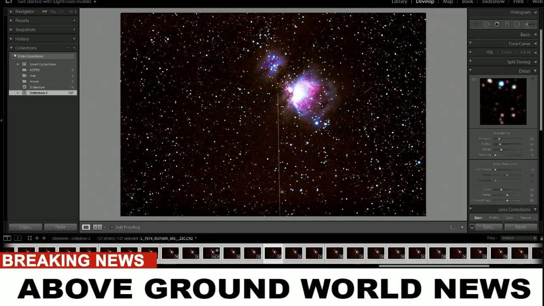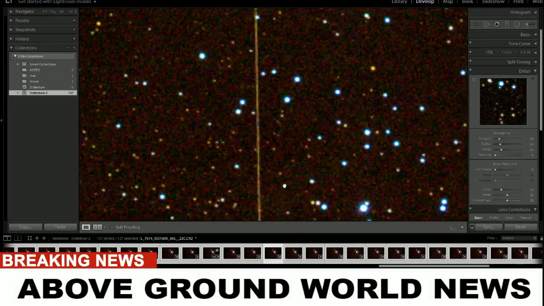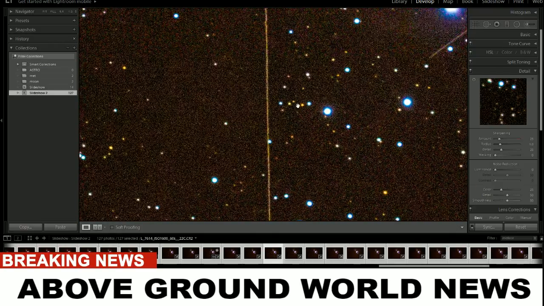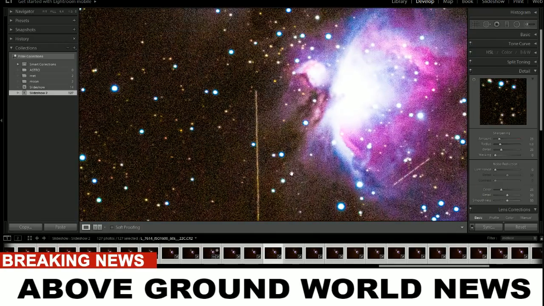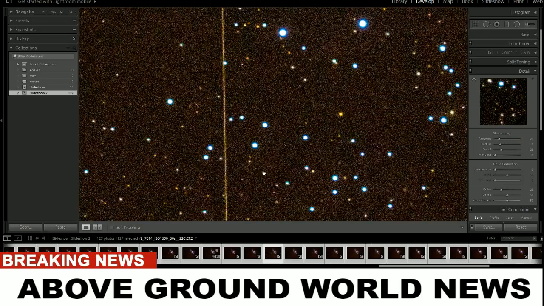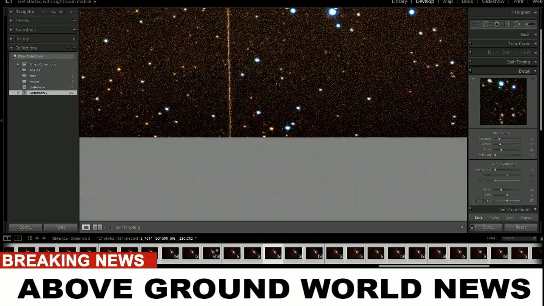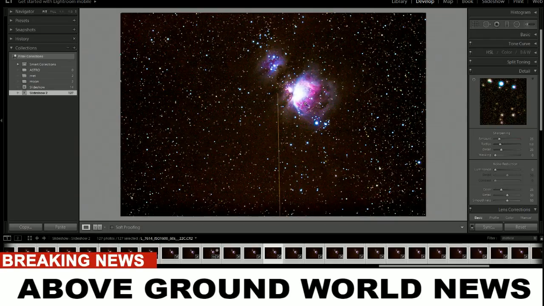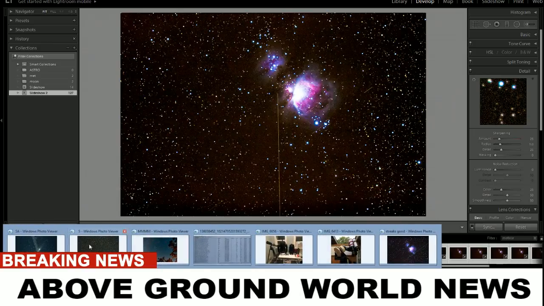Okay, there's one. Now you can pretty much say this is going to be a satellite, solid color. And look how far it traversed in one shot. It's either way closer, but not as close as like a plane. A plane's really pronounced.